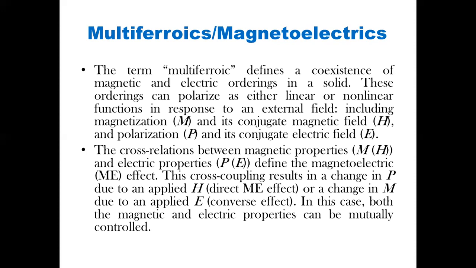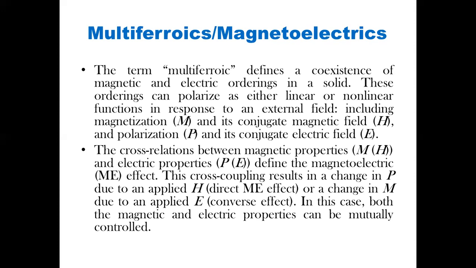So this cross-linking of the magnetic field and electric field, and the magnetization in the ferromagnetic material and the polarization in the piezoelectric material, cross-links together to give us a new effect that is called the magnetoelectric effect.